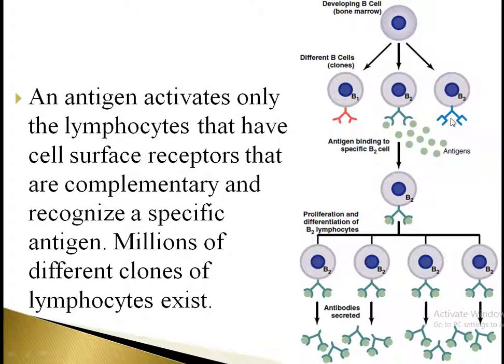Only the rectangular type of antigen will be attached to this type of B lymphocyte. In any antigen antibody reaction, when the specific type of antigen comes in contact with the B lymphocyte, it is going to be attached with the specific B lymphocyte antigen. Others will not react with this one.